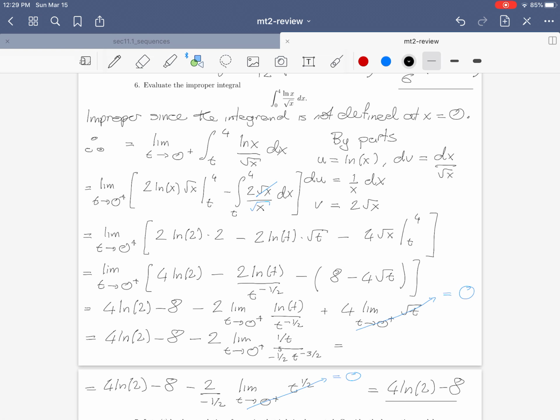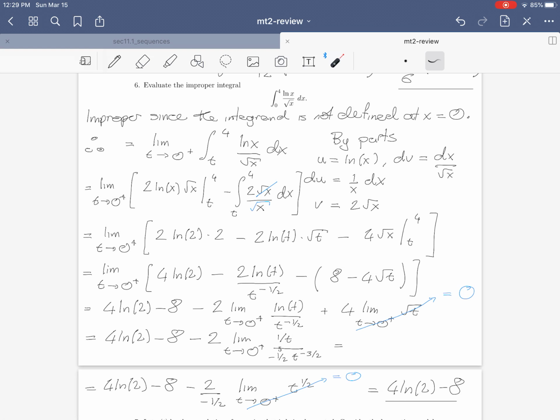And that's it. The important things to note about this problem: first of all, this is an improper integral. So the first thing we do is figure out where the problem occurs in this integral, and in this case, it occurs at 0. Because 0 is the lower limit, we replace our lower limit 0 by a number t, and we take the limit as t tends to 0 from above.